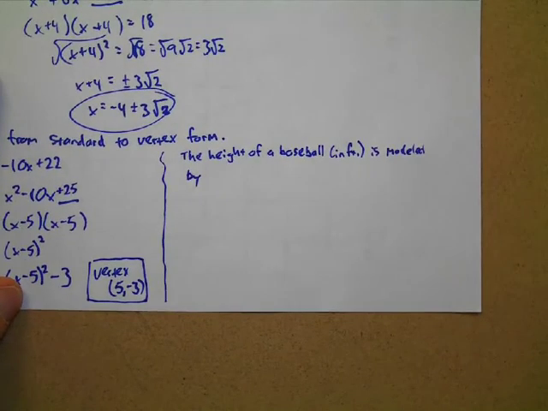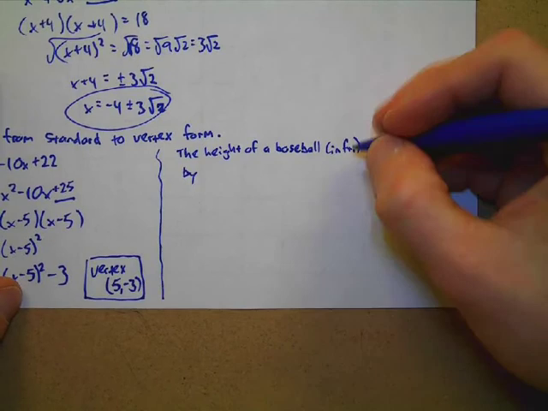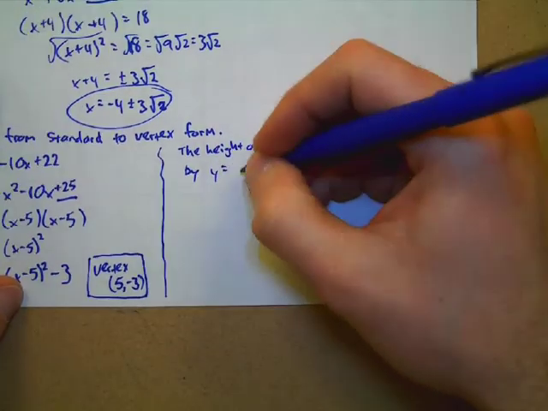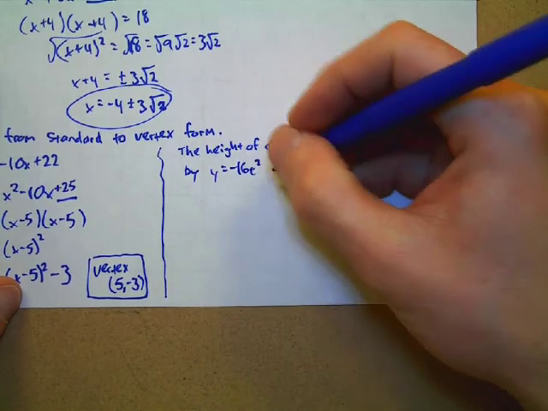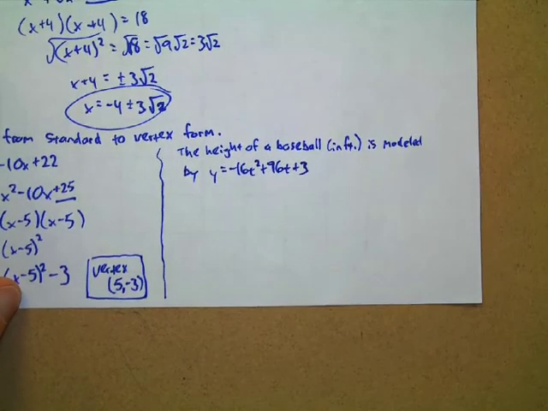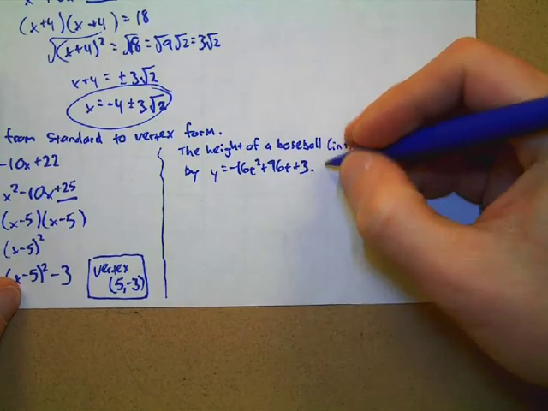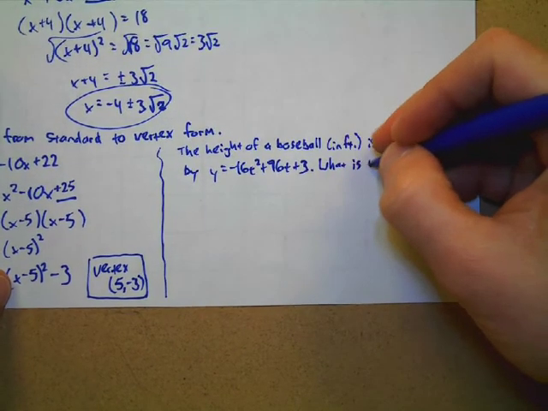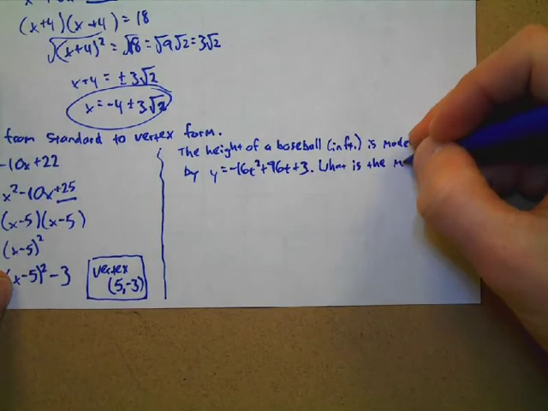Height of baseball in feet is modeled by y equals negative 16t squared plus 96t plus 3. What is the max height?